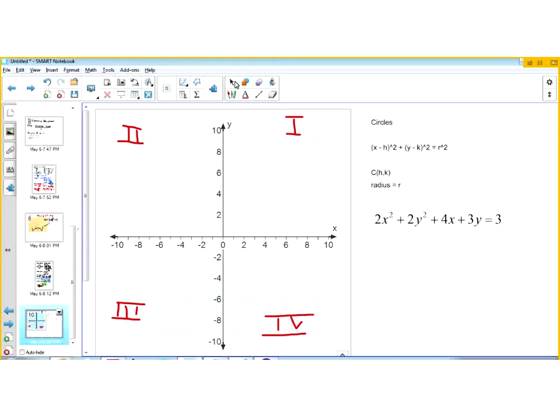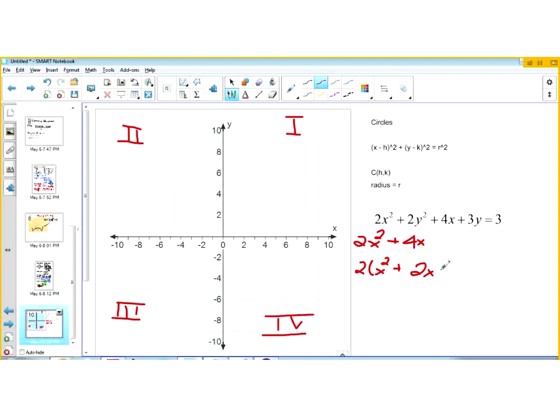So how do we compute the center? We compute the center by completing the square on x. We have 2x squared plus 4x. Do you remember how to complete the square from the last lecture notes? We do it by factoring out the coefficient on x squared.